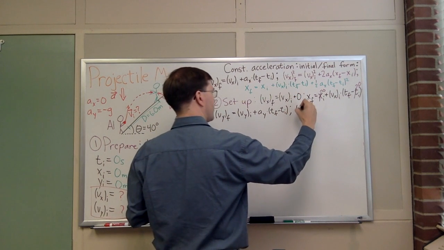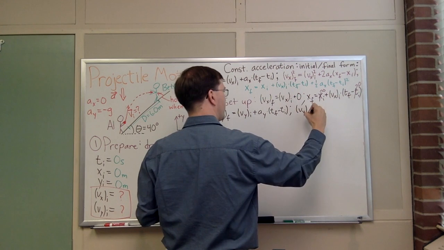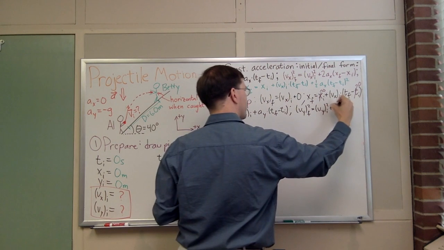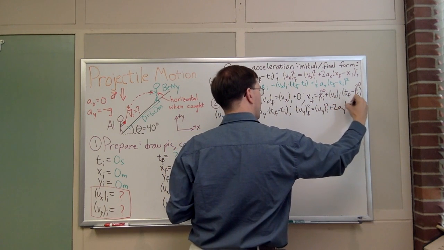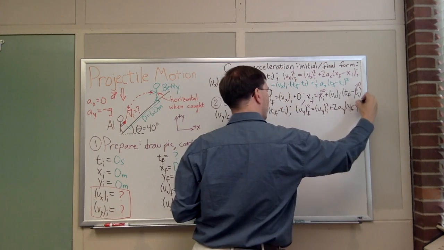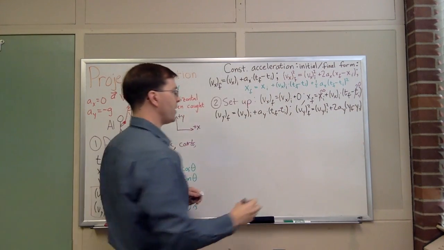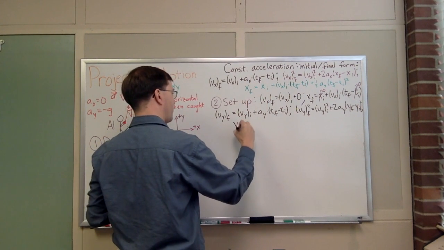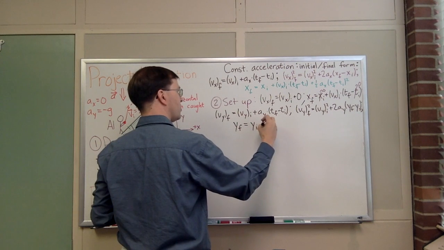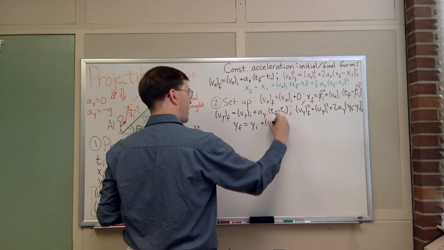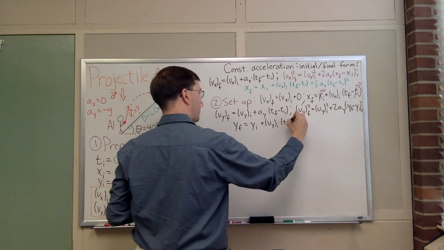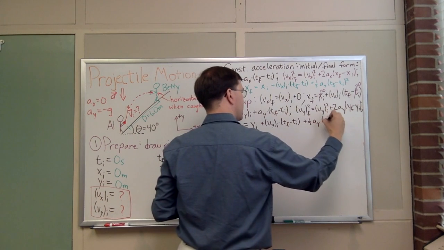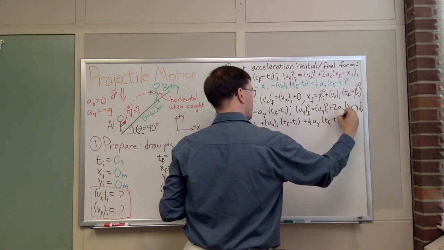I've got Vy final squared equals Vy initial squared plus 2 Ay times y final minus y initial. That's that second equation up there. And my third equation, y final equals y initial plus Vy initial times t final minus t initial plus 1/2 Ay times t final minus t initial squared.